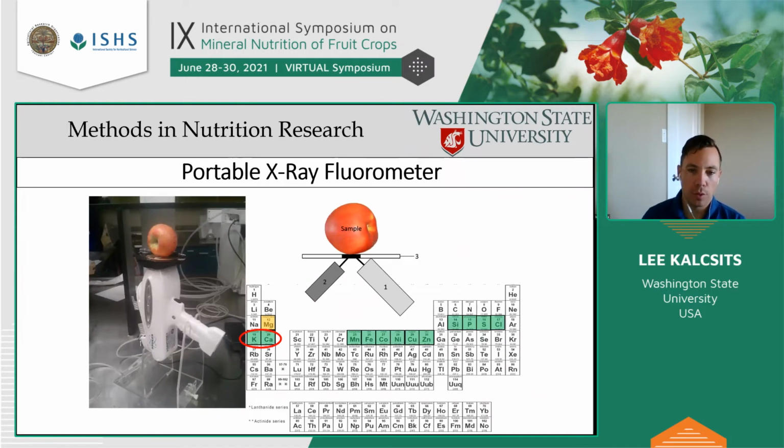I should explain the use of X-ray fluorescence in terms of examining subcellular distribution of potassium and calcium. There are also handheld X-ray fluorometers available commercially. These are primarily used in environmental sciences to look at different types of metals, but they actually do a really good job of measuring potassium and calcium in plants and in soils.